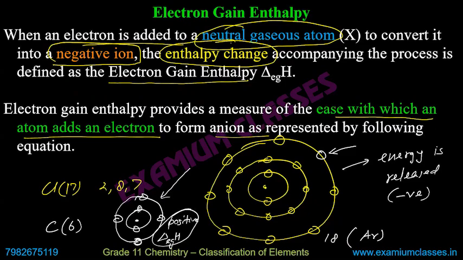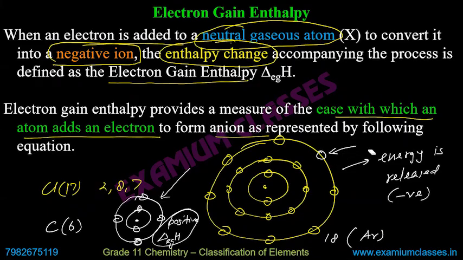But normally in case of elements which are towards the right, 16th, 17th, it is negative. If we are talking about first electron gain enthalpy, then only halogens, because by gaining just 1 electron, they will get converted to noble gas configuration.